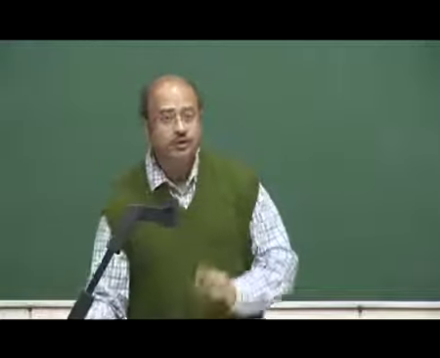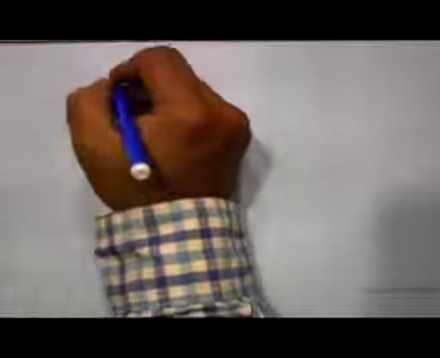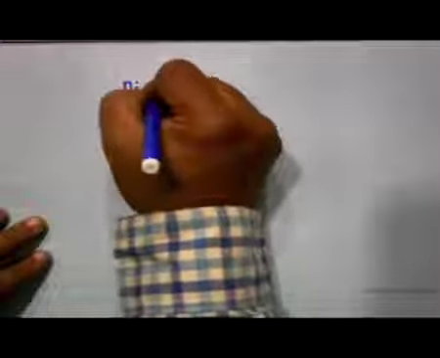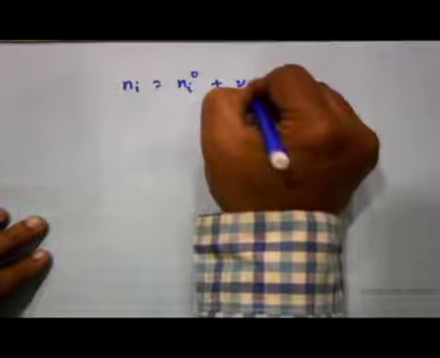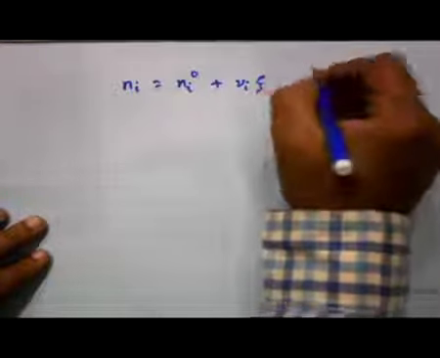So, what we will do now is we will go back to equation 1. So, let me write that again. We will go back to equation 1, which is Ni equals Ni 0 plus nu i xi. So, this was our equation 1.